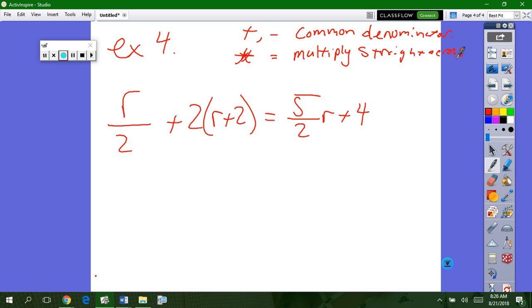When I'm dividing, I multiply by reciprocal. Okay? Just remember those rules because fractions aren't going away.